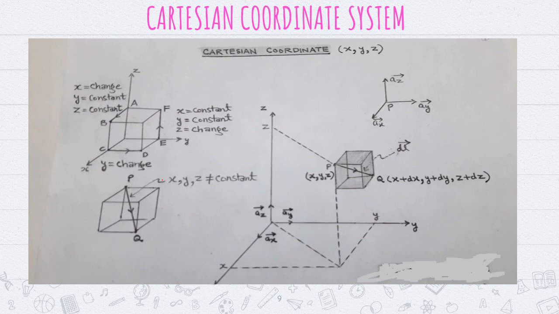Now how can we find the differential length? It is very simple. If you draw a line from the point P to the point Q in this diagram, we can find the distance between these two, which is x plus dx, y plus dy, z plus dz. Let me discuss the elements in detail in the next slide.